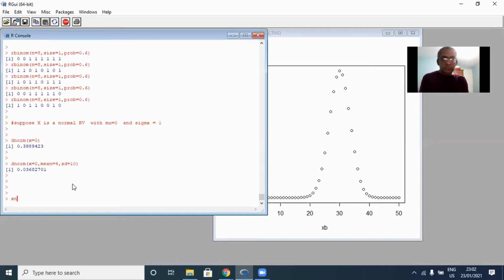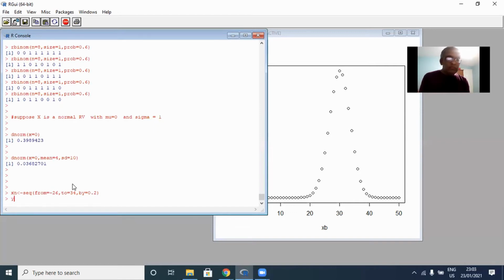Now let me show you how to plot the density of the normal in R. The first thing is you need to define the x values, say from minus 26 to 34 in steps of say 0.2. Then let me define the y values as the density of the normal distribution at xn, with mean being the mu value equal to 4, and the standard deviation parameter, which is the sigma value, equal to 10.